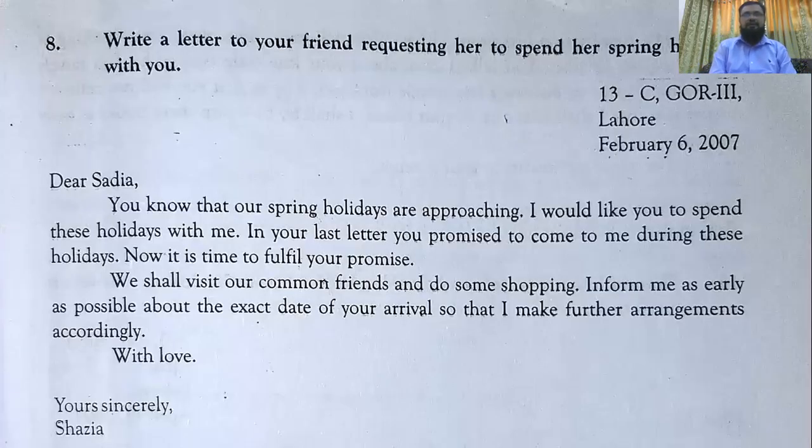Now, the third and the last: write a letter to your friend requesting her to spend her spring holidays with you. 13-C, comma, Gulberg 3, comma, Lahore, full stop, February 6, comma, 2007, full stop. Dear dash, comma. You know that our spring holidays are approaching. We would like you to spend these holidays with me. In your last letter, you promised to come to me during these holidays.